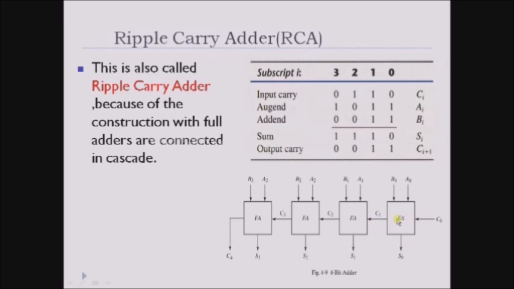After completely adding these two bits along with the carry, this full adder will generate a carry. Now the next full adder would be processing its inputs along with the carry, and during that time the other full adders would be idle again. So in order to perform addition between these 4-bit binary numbers, some delay is generated, just because of these full adders. That is called propagation delay, and this is the only drawback associated with the ripple carry adder.